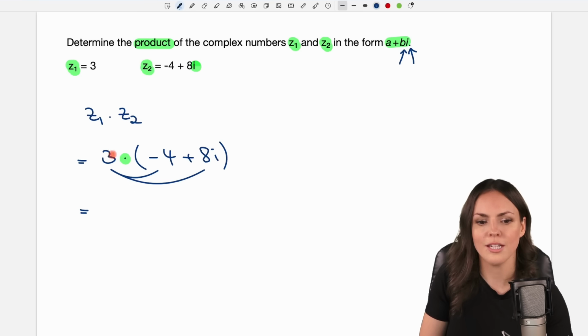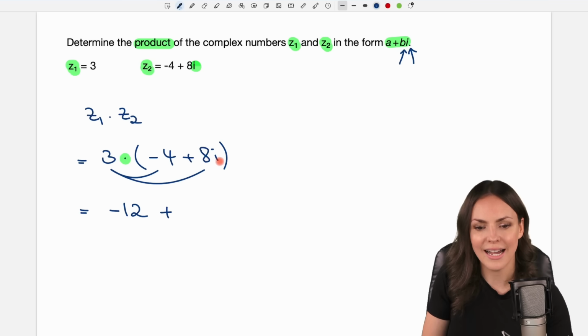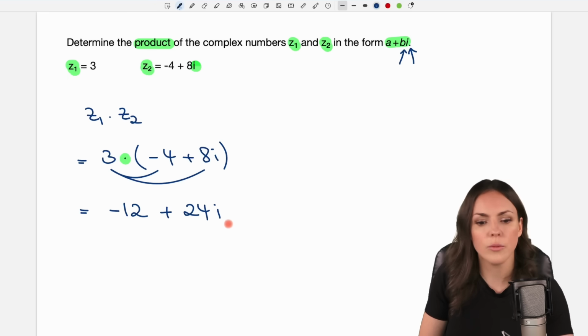So we have 3 times -4, which gives us -12. And then we have the plus, and we have 3 times 8i, which is 3 times 8 is 24, and then we add the i. Like we're used to working with numbers and variables, you just treat the i as a variable. And actually for the first example, this is it, because now we are in this algebraic form.